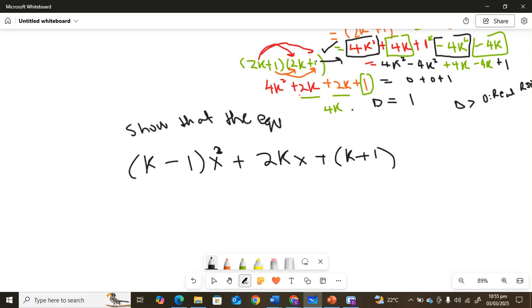If they just mention real roots, they're talking about the discriminant here. Okay. And remember, roots are just the x values.